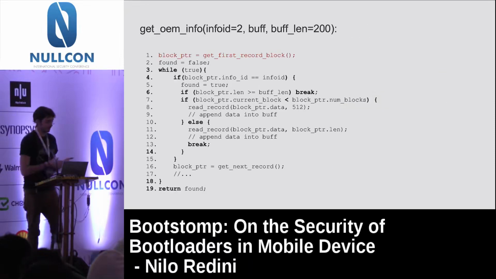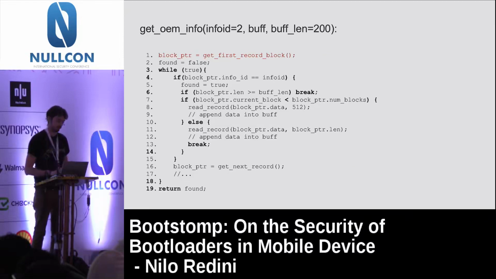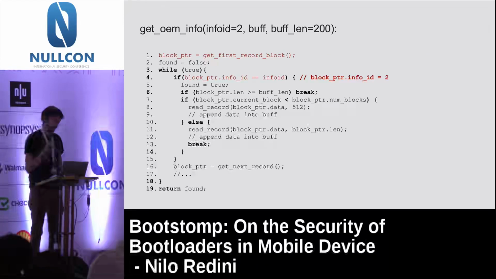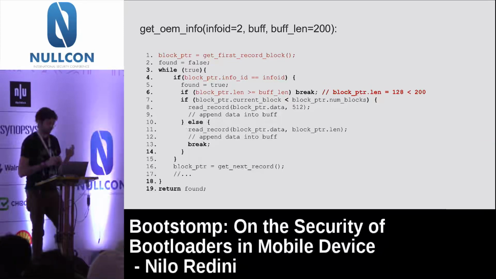What will happen is that, again, the function will start from the very first block on the record file, and iterate through each block containing the file until it finds the block containing the info ID equal to 2. Then it will check whether the size of the data containing the block is greater than the size of the provided buffer.